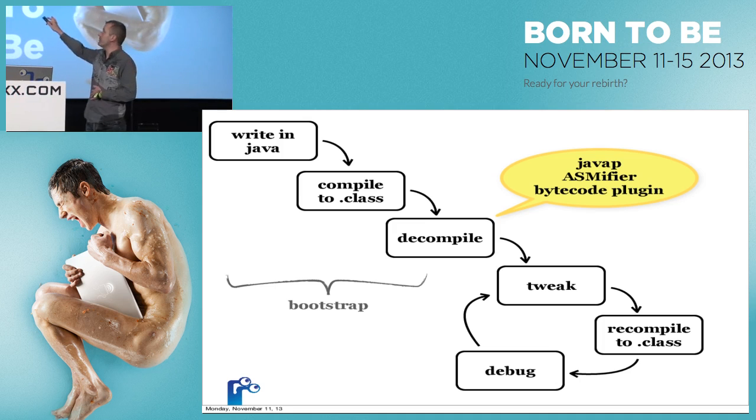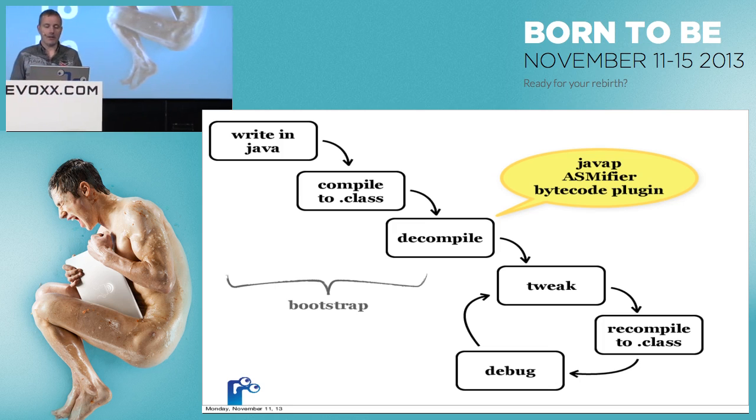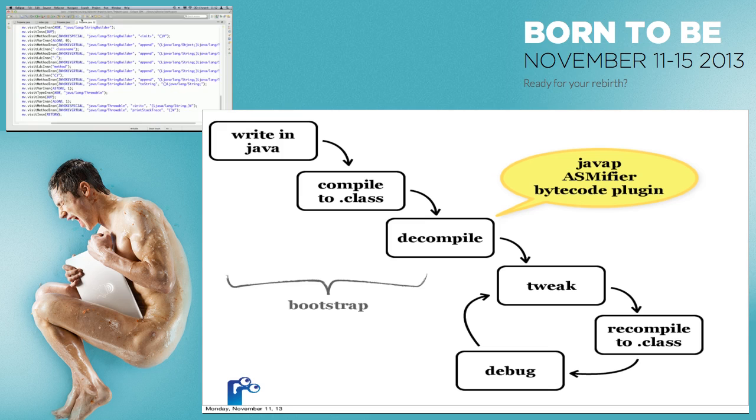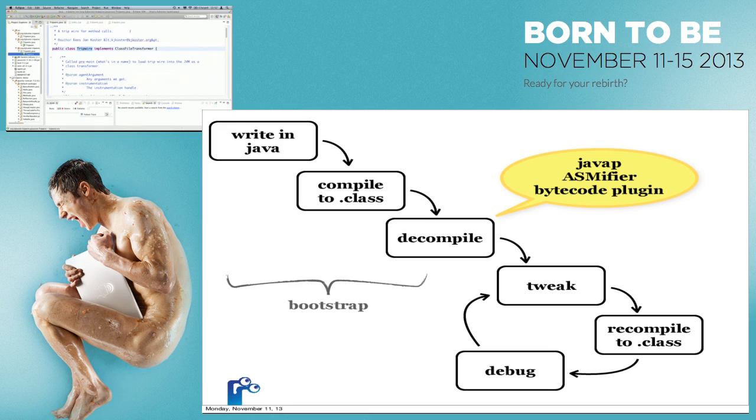So on the decompilation part, you need javap at least, you need the ASMifier, and there's actually a good thing in Eclipse. There is a bytecode plugin. So I've been bugging you guys with the command line, but there's actually a plugin for Eclipse, which can show you the bytecode of any given class. I'll make this slightly larger.